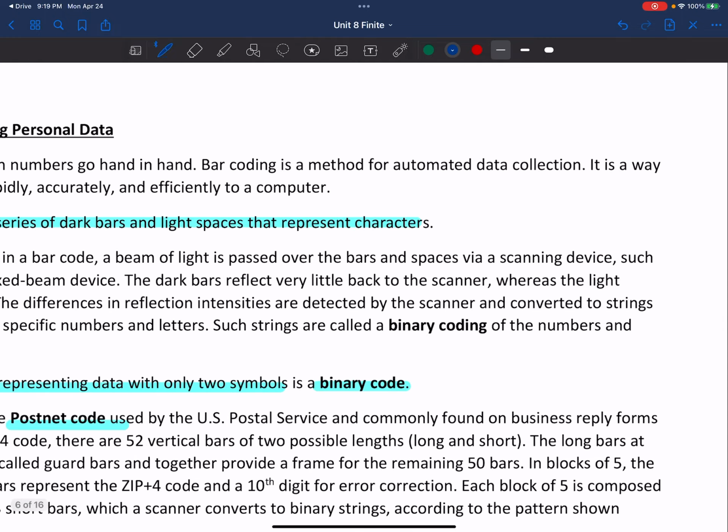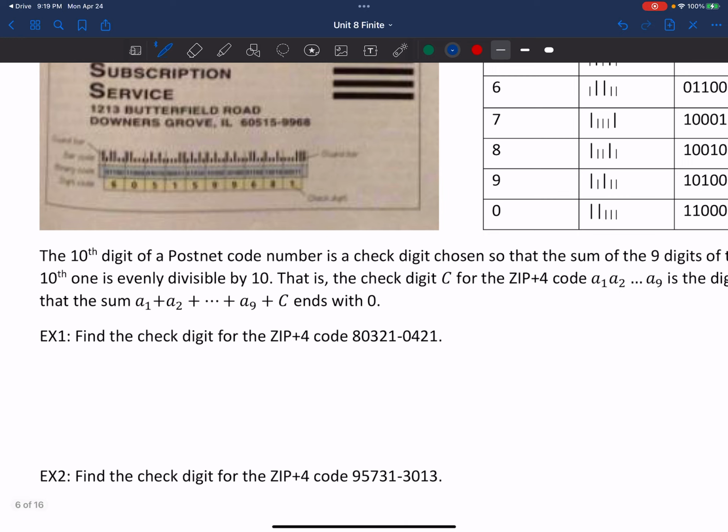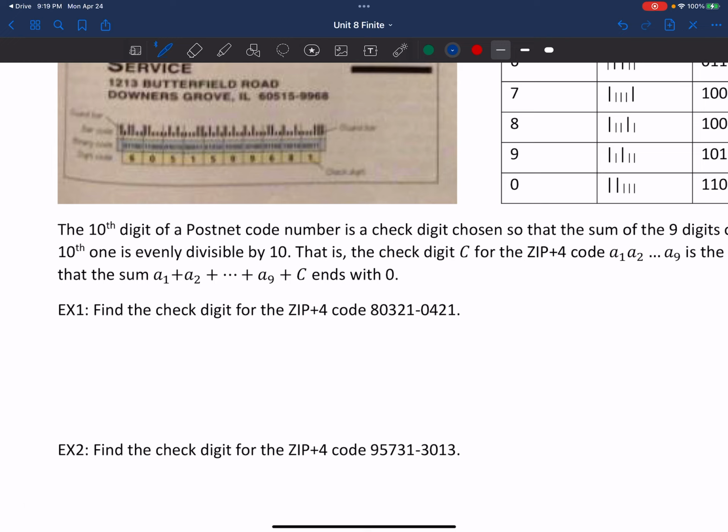I'm going to go back over here. So let's look at this one. I have a zip +4 code of 803210421. So 8 plus 0 plus 3 plus 2 plus 1 plus 0 plus 4 plus 2 plus 1. So 8 and 3 is 11, 13, 14, 18, 20, 21. Okay, so we have 21 on that.